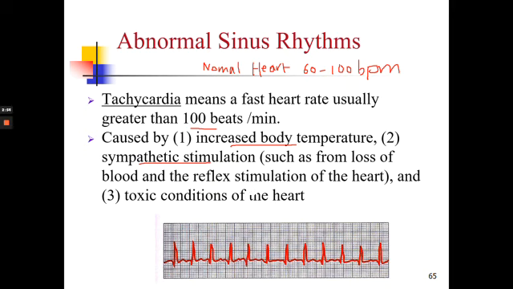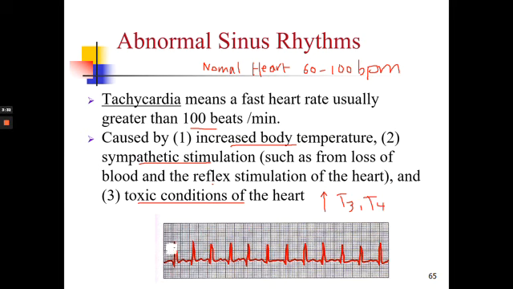So sympathetic stimulation increases the heart rate and contractility, such as with loss of blood and reflex stimulation of the heart, and toxic conditions that might cause some abnormalities, like hyperthyroidism, an increase in the level of T3 and T4, the thyroid hormones.